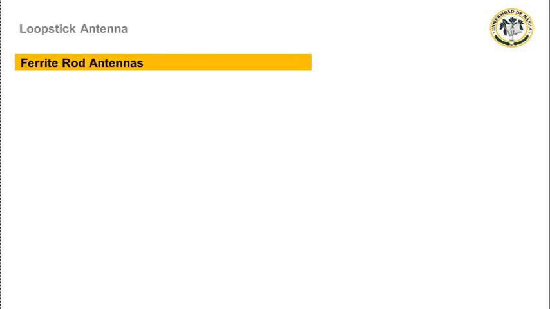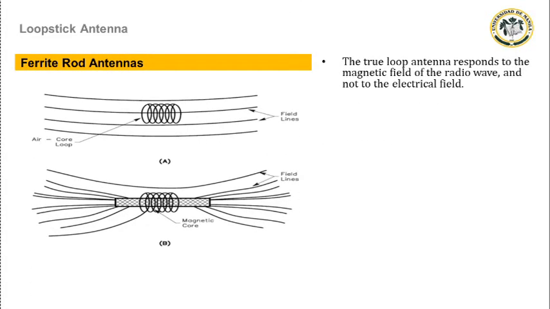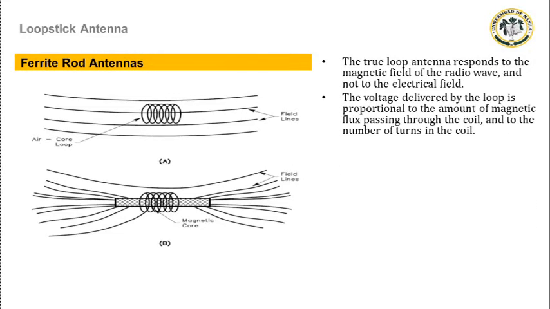Ferrite rod antennas. The true loop antenna responds to the magnetic field of the radio wave and not to the electrical field. The voltage delivered by the loop is proportional to the amount of magnetic flux passing through the coil and to the number of turns in the coil.